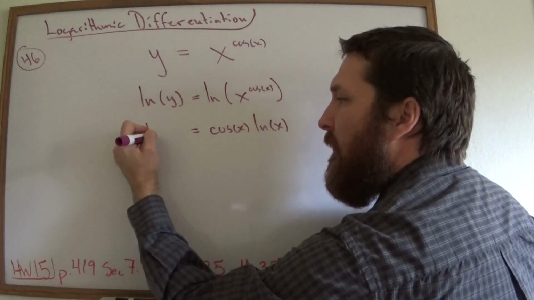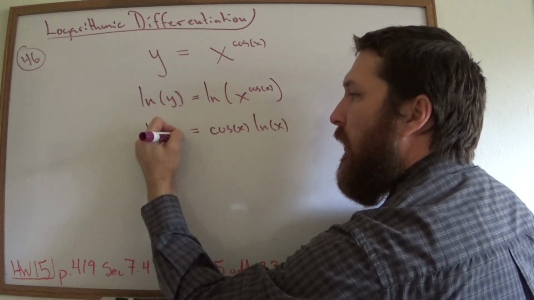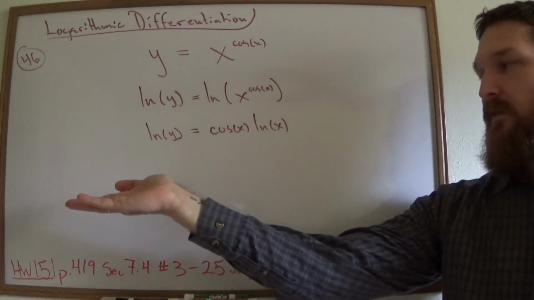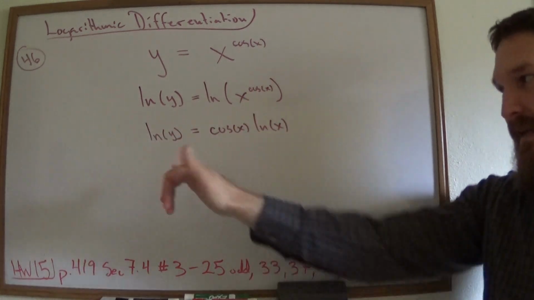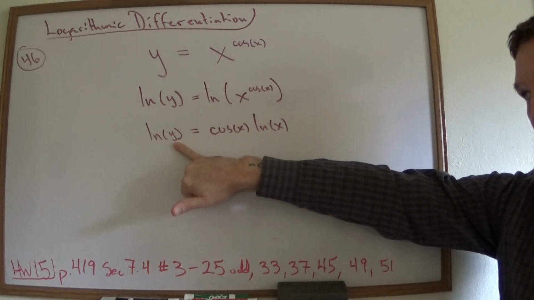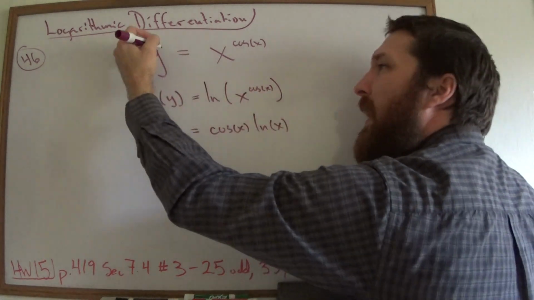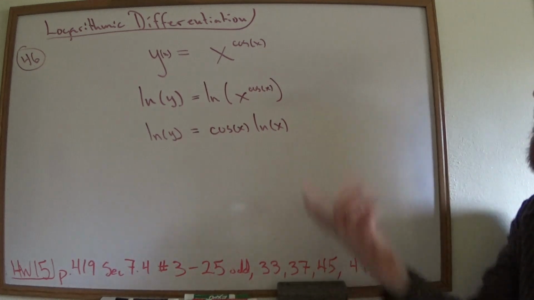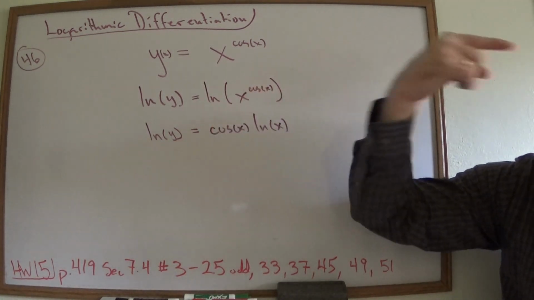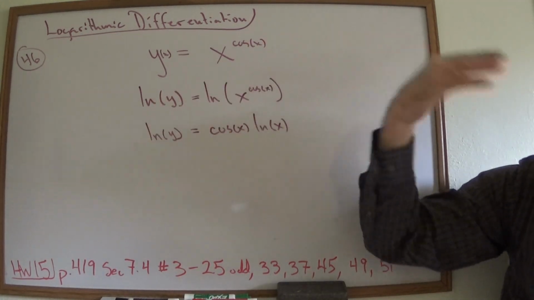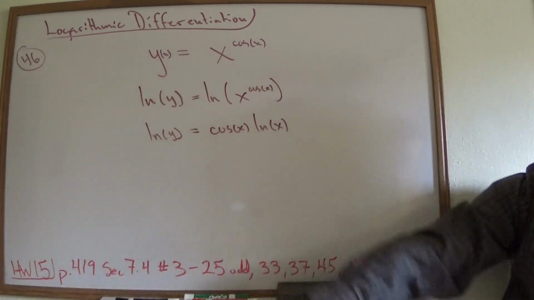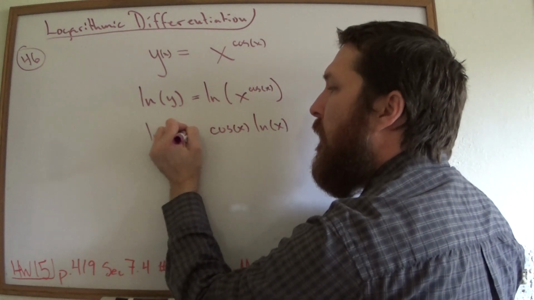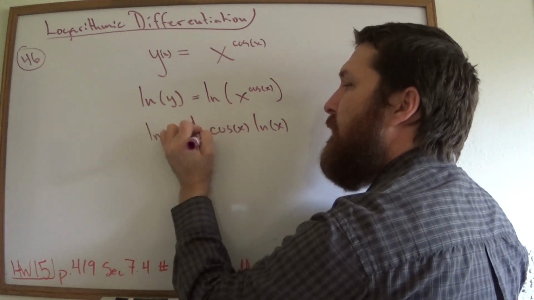Now we can differentiate both sides with respect to x. Here we're going to have to use implicit differentiation because y is indeed a function of x, and even though it's explicit, now that it's here we have to treat it like a function of x. So I take the derivative with respect to x of both sides.